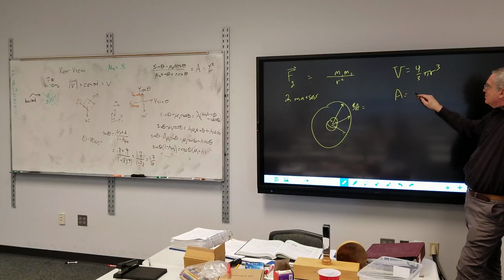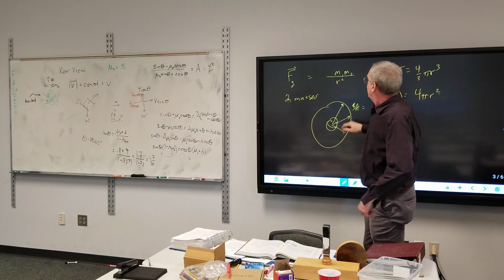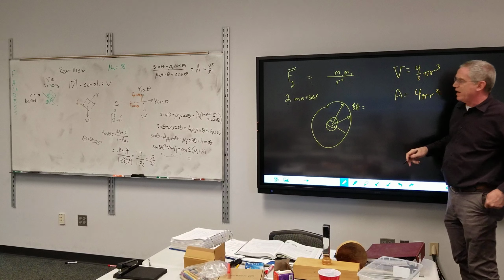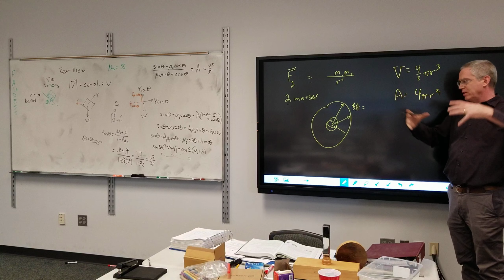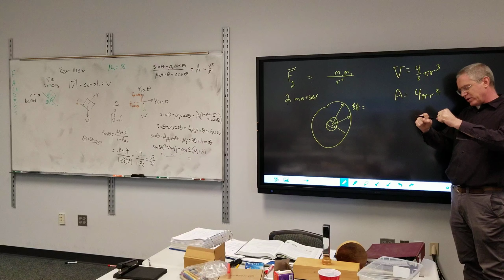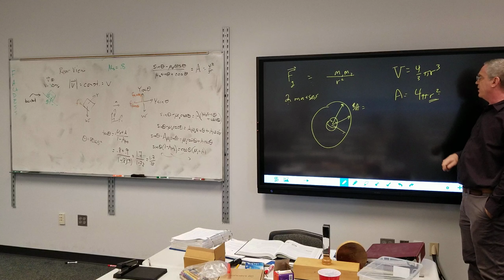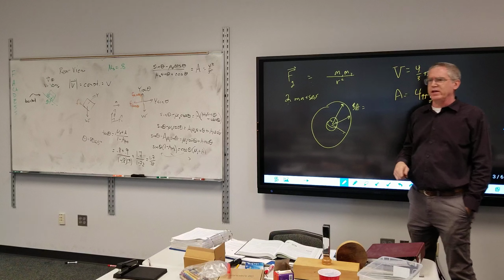So 4 pi r squared. That's the surface area. And so whatever the signal is will get diminished. It'll be distributed over a larger area, diluted. That's the word I'm looking for. It'll be diluted with respect to the area, which is r squared, and that's some justification.